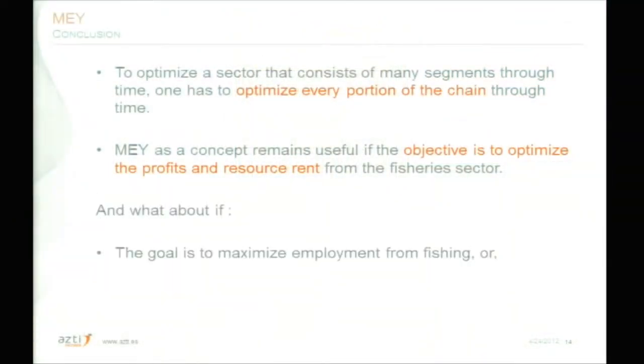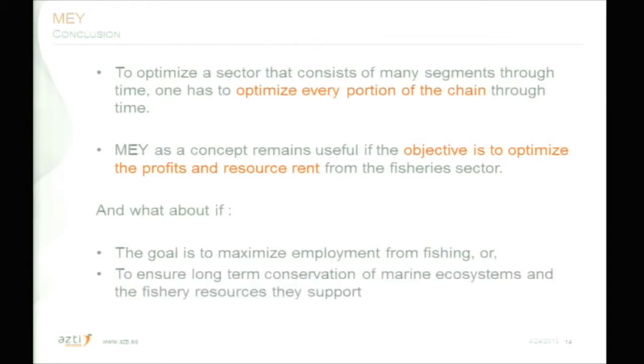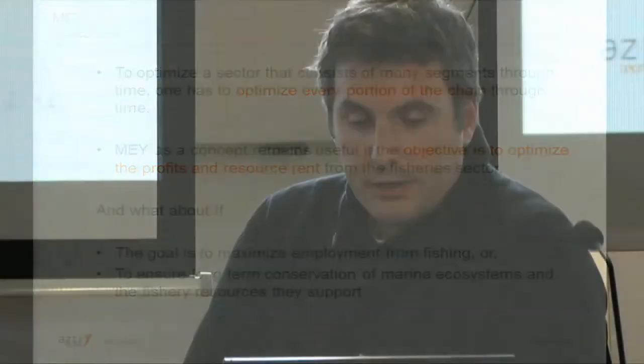But what about if the goal is to maximize employment from fishing or some other kind of social objective? And what about if we want to ensure long-term conservation of marine ecosystems and the fishery resource they support? I'm not going to talk about the social part because after me there is going to be a talk about these social objectives, but I'm going to talk a little bit about marine ecosystems.